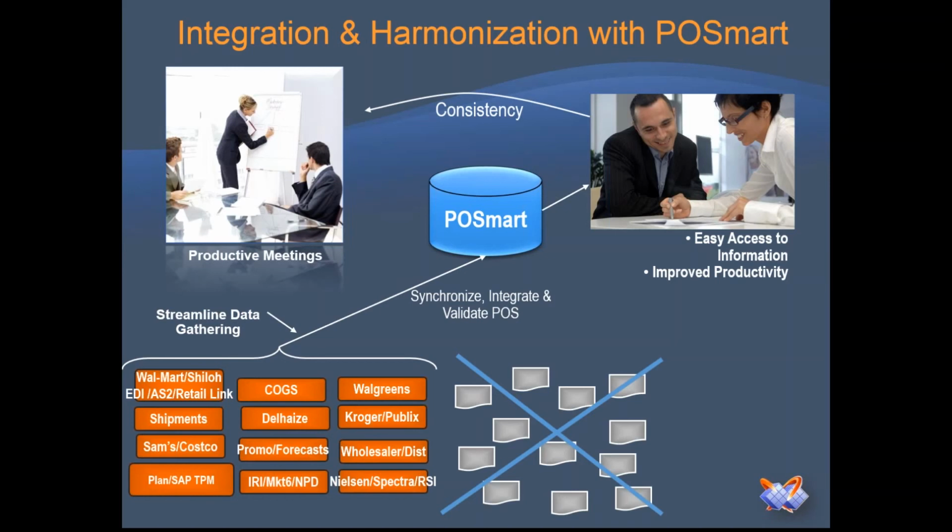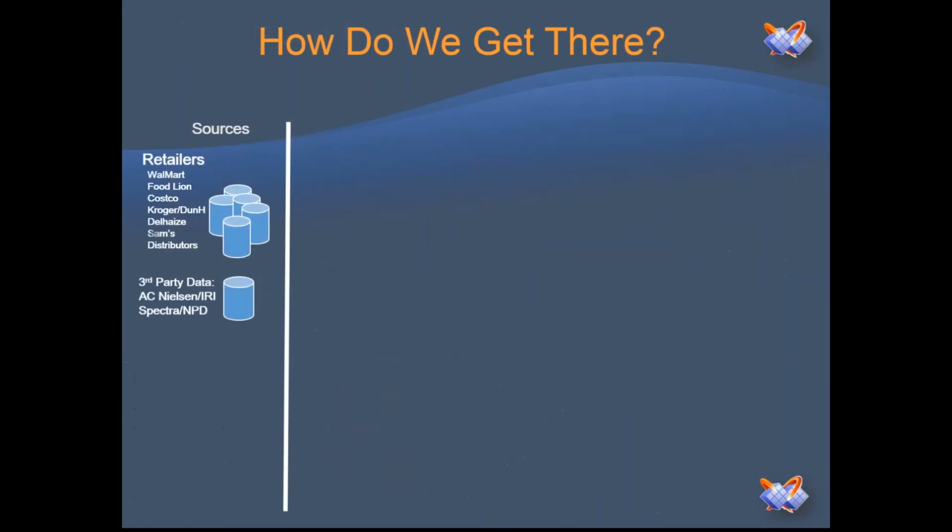And that's done with more than just business rules. That's done with harmonization and integration processes and cleansing processes that we've developed over 15 years of experience. In addition, it's done through our data model and aligning the various data sources so that end users can easily query that information. So how do we get there?